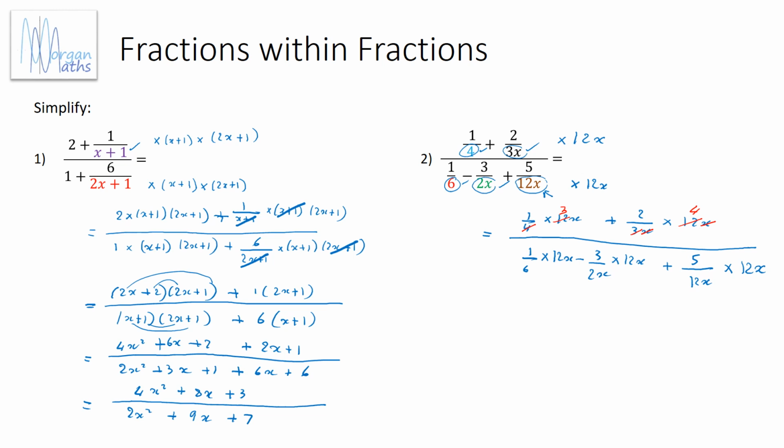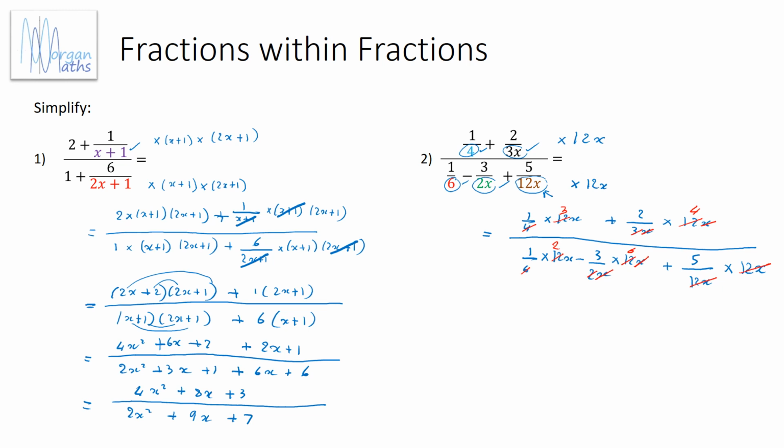At the denominator, the 1 over 6 with the 12, that cancels, you're left with a 2x. And then minus 3 over 2x, we can cancel the x, and we can cancel the 2 with the 12, we're left with 6. And with your final simplification, the 12x is going to cancel down with the 12x. You're just left with the 5.